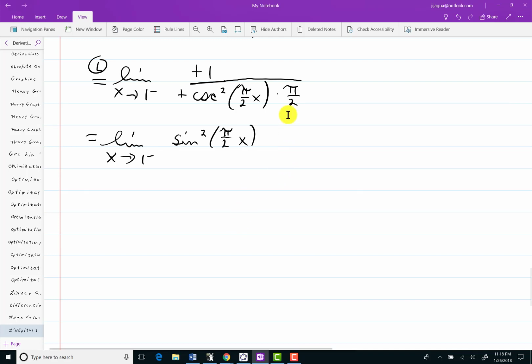And then finally, I can reciprocate the pi over 2, so I can have 2 sine all over pi. And now let's see if I can plug in 1. If I plug in x equal 1, I'm going to get sine squared of pi over 2, and that's equal to 1. So 2 times 1 squared over pi will equal 2 over pi.